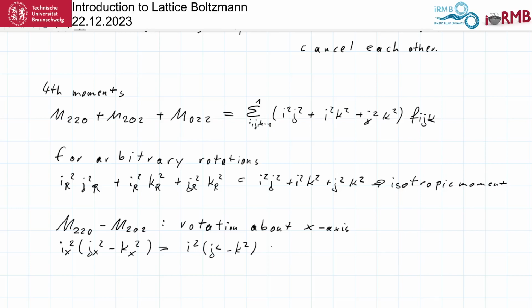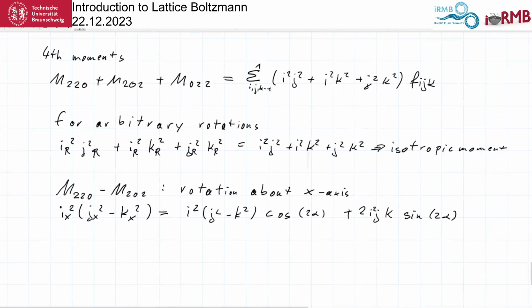So this is again looking similar to what we had, cosine alpha. Here's a bit of a difference, 2 i square jk and sine 2 alpha.